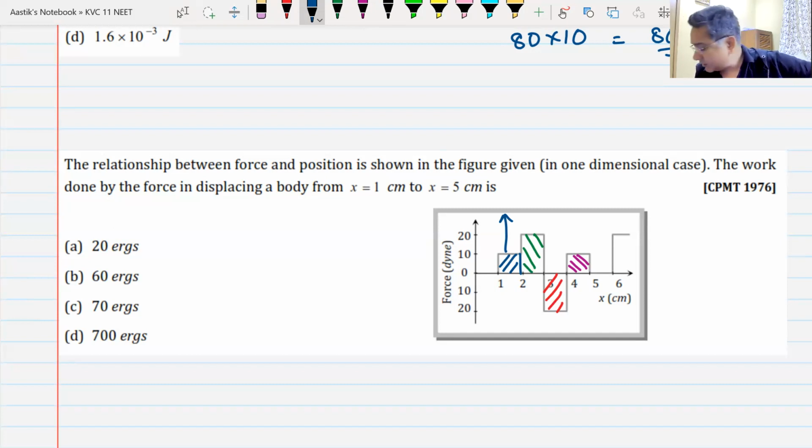It is a rectangle. The height is 10 and the width is 1, so this becomes 10. I should write plus 10 because it is above the x-axis. How much is this green area? Can anyone tell me? Plus 3. Okay, the green area is plus 3.